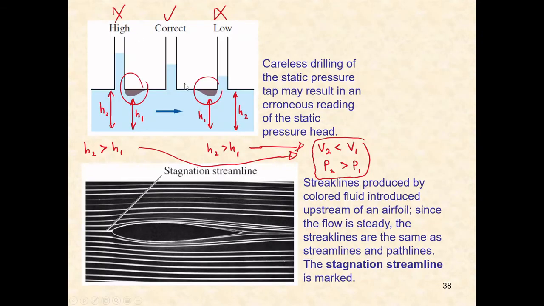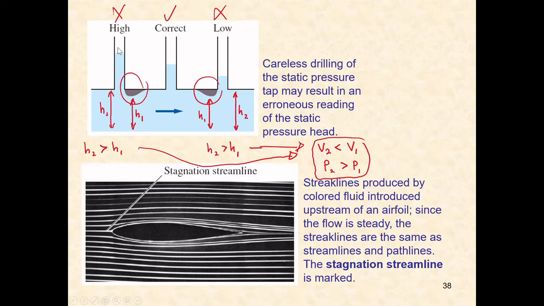Here we have 2 figures. At the top, the figure shows that where you place the piezometer in the pipe is also important, so make sure you avoid being near sedimentation. Careless drilling of a static pressure tap may result in an erroneous reading of the static pressure head. So you want to pick a location far away from sedimentation.